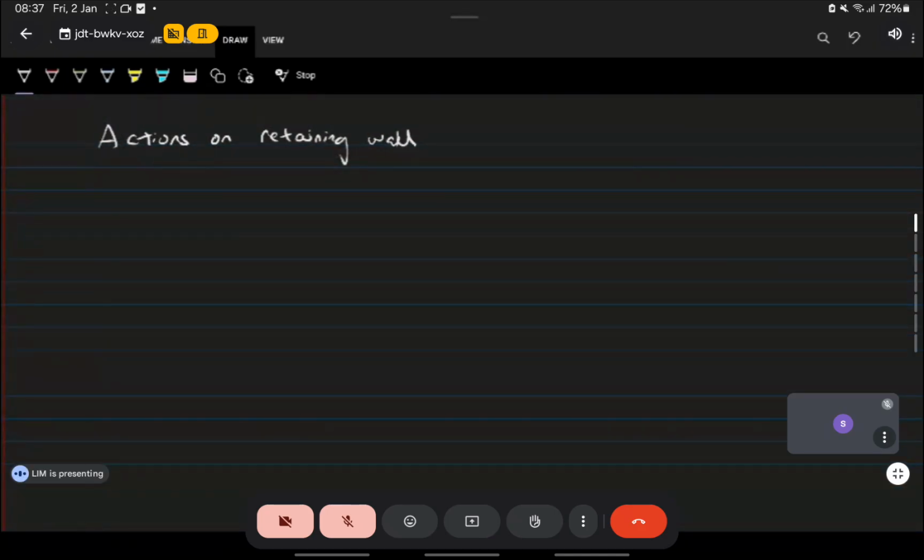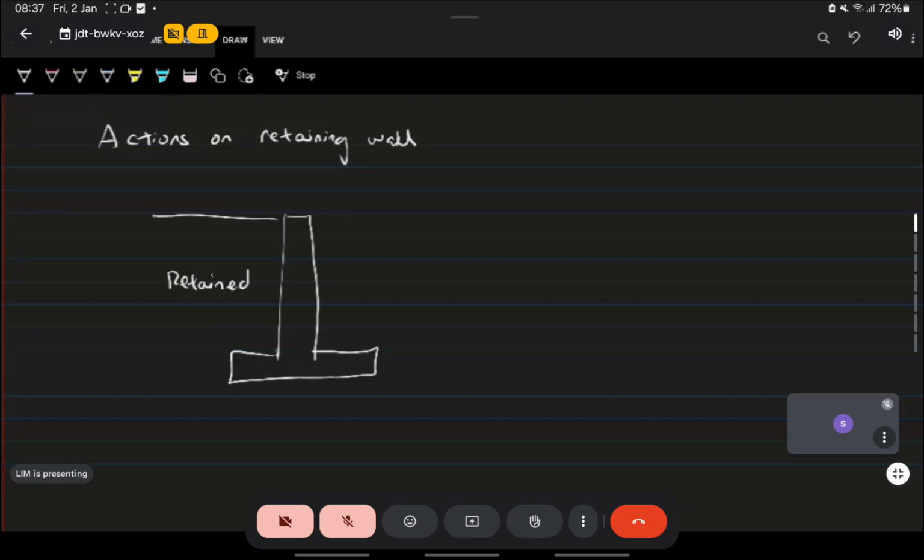Okay, so let me just quickly draw the retaining wall again. So this is the retained side. Okay, so what are the actions on the retaining wall? Well, obviously, the very obvious one is you have the soil pressing on it.